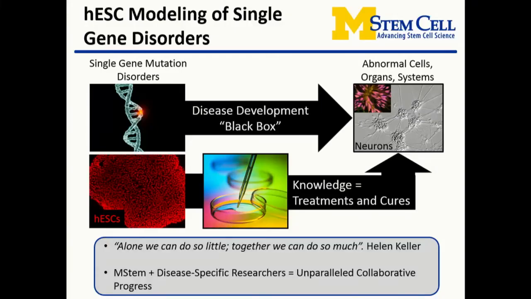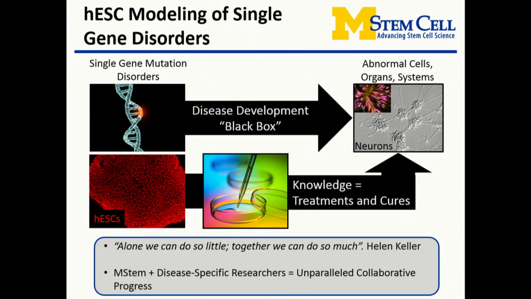The other thing I want to bring up here is a quote by Helen Keller: "Alone we can do so little, together we can do so much." And one of the very important concepts in our program, M Stem Cell Laboratories at the University of Michigan, is not that we do everything. We do what we're good at.